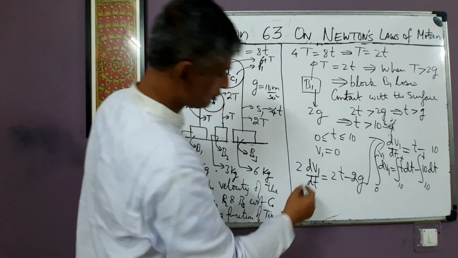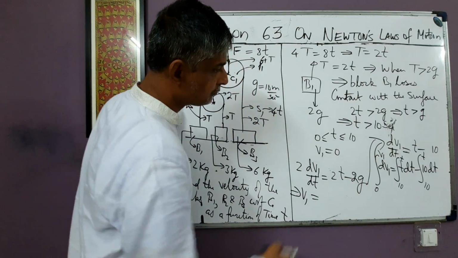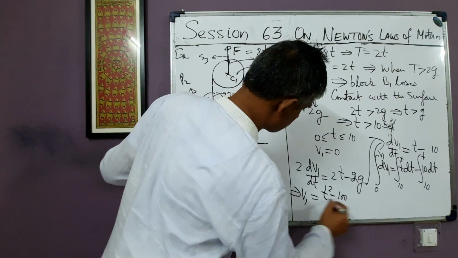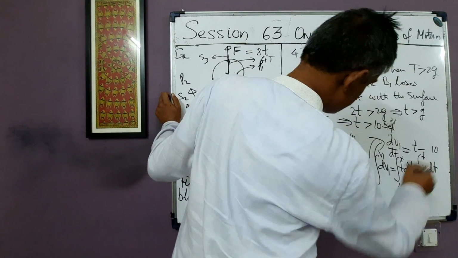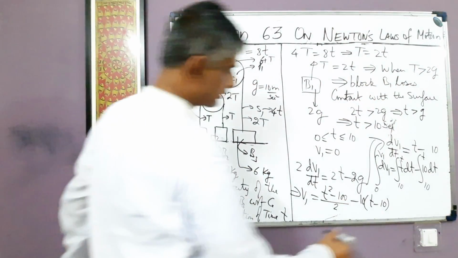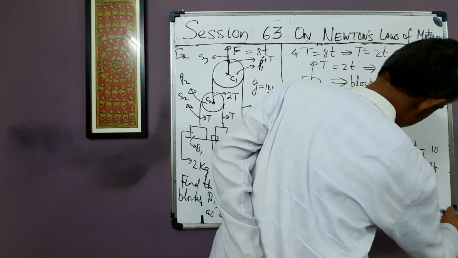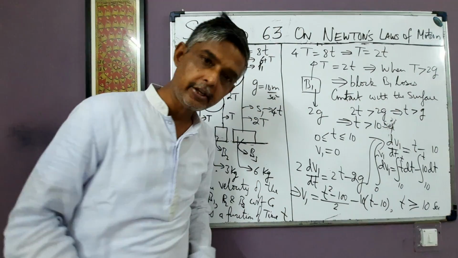So I integrate this equation on both sides. v1 minus 0, that is simply v1. t dt becomes t square by 2. On inserting the limits, t square minus 100 by 2. Minus 10, this integrated one gives t minus 10. So this is the v1 as a function of time. This value provided t is more than or equal to 10 seconds. This is one answer. Fine, alright.